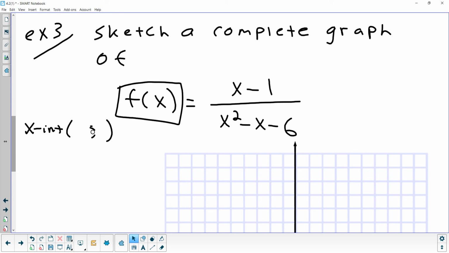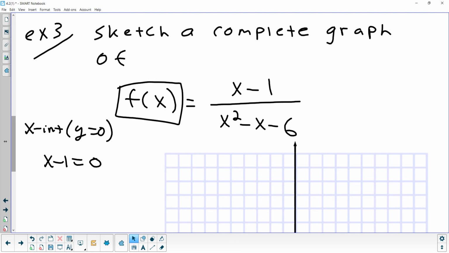So to find the x-intercept, you have to make your fraction come out to 0. Well, what's the only way that a fraction can ever come out to 0? If you have a 0 on the top. So all I have to do to make this fraction come out to 0 is check when that happens.